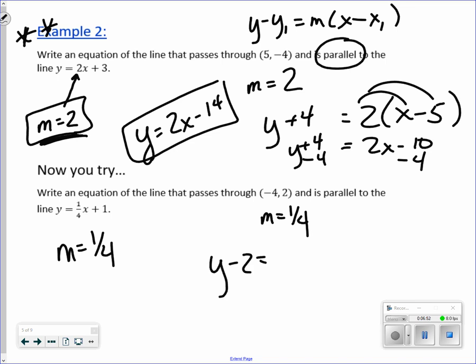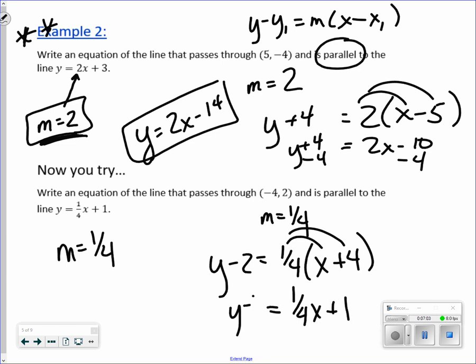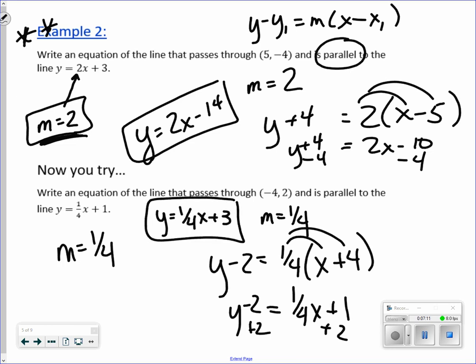Y minus the y of the point equals slope times x minus the x of the point, and since the point was -4, distribute, and add. So the answer is y equals 1/4 x plus 3. So hopefully you got it right. You took the slope from the line that they gave you, used that slope to write an equation with the given point.